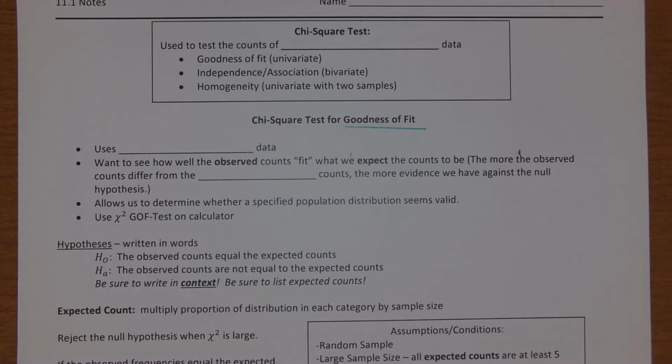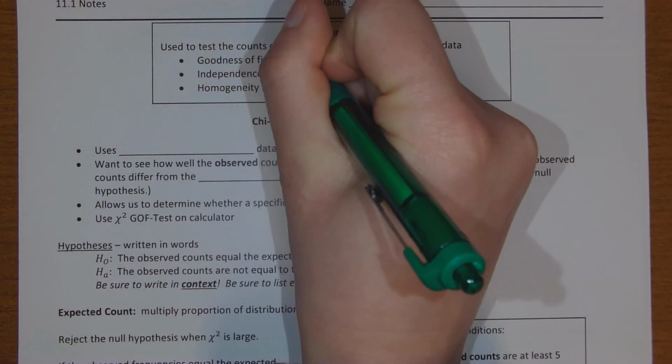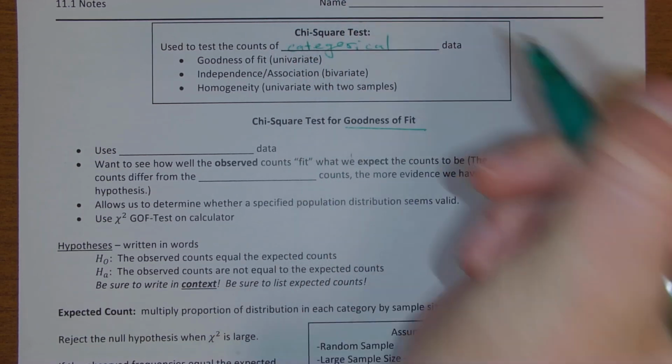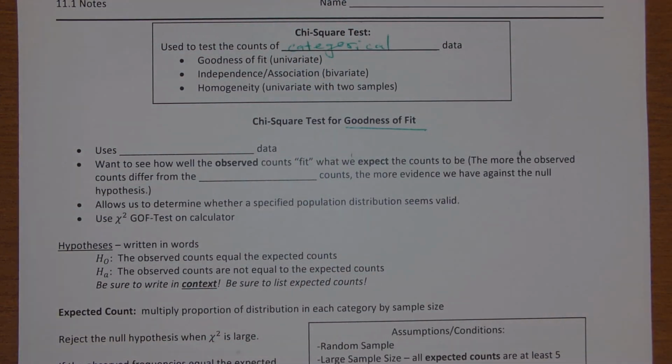Chi-squared tests are used to test counts of categorical data. The three types of chi-squared tests are the goodness of fit test, which is used for univariate data, so one variable; the independence test, which is for bivariate data to see how strongly it's associated; and the homogeneity test, which is for univariate data with two different samples.